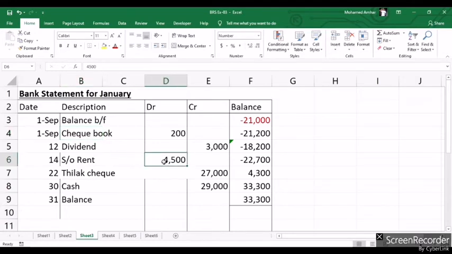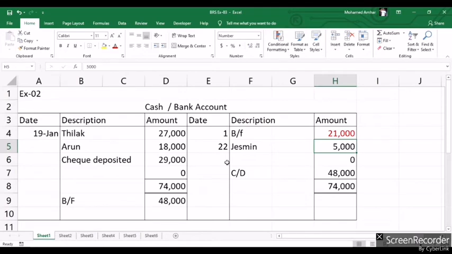Another 4,500 is there in the bank statement in the debit side, that is standing order rent payment. So this standing order rent payment is also not in the cash book.